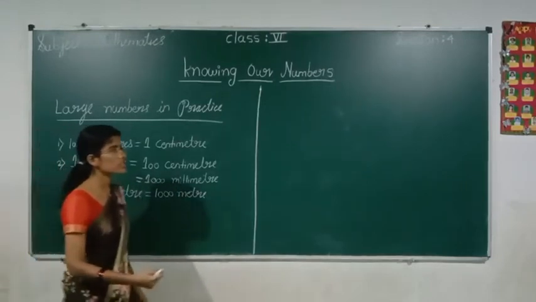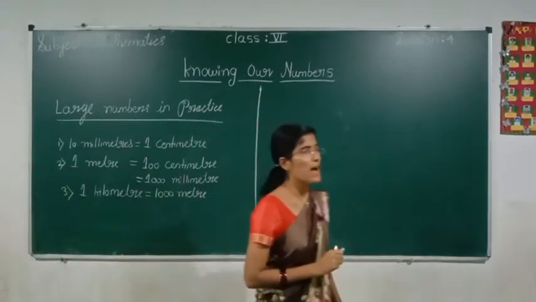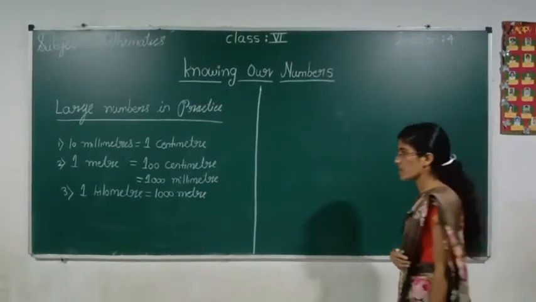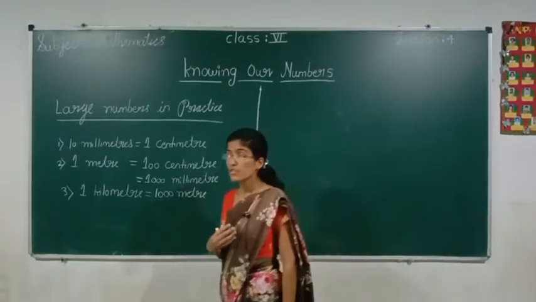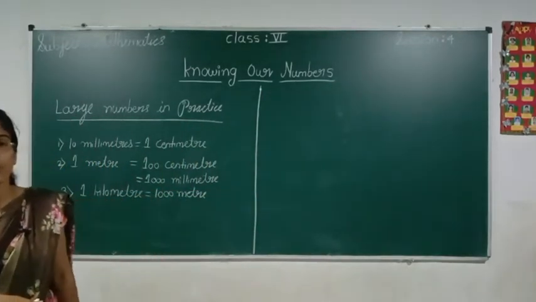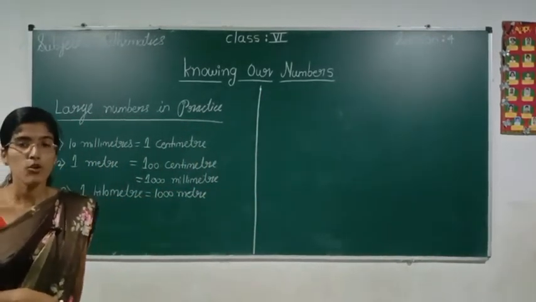Now see students, you will go to the market to buy rice or wheat or jowar. At that time, which unit will we use? We will use the kilogram. Yes or no?